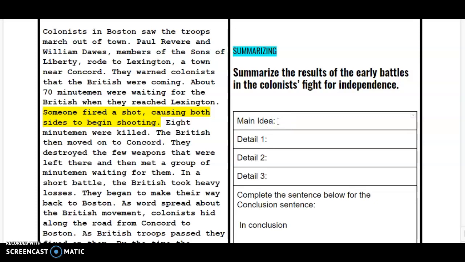As I had talked about in class, we're going to write a main idea sentence. And the main idea sentence is, since the question is what were the results of the early battles, the results of the early battles were.